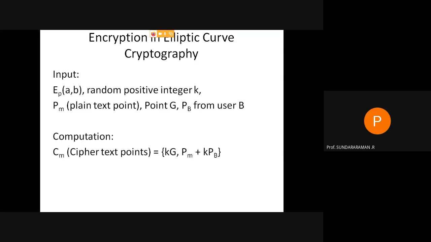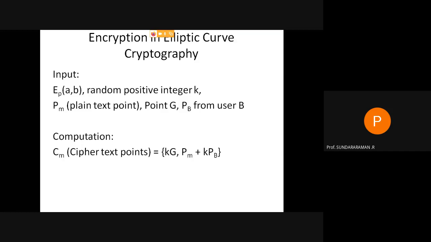Prior to that, we must ensure that the particular point belongs to the curve. By applying the point to the curve equation, we will be able to know whether it belongs to the curve or not. And the second one, point G. Using the point G and the plain text, we will be generating a pair.